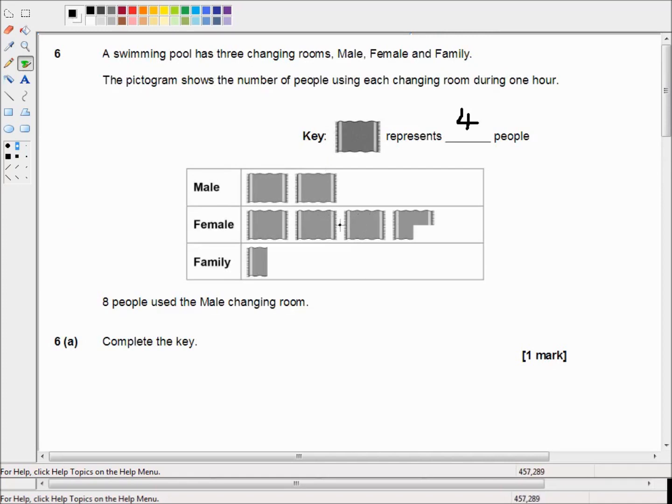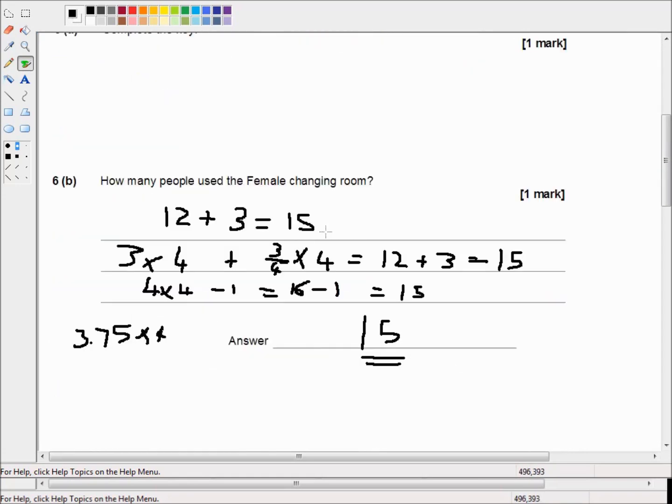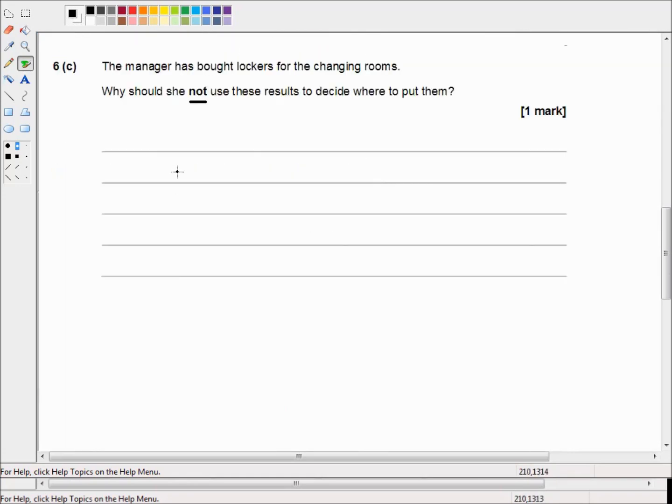Now, the problem with this is that it's during 1 hour, and 1 hour is a very short sample space, or a very small sample space. So what they're looking for is for you to say that the sample is too small.